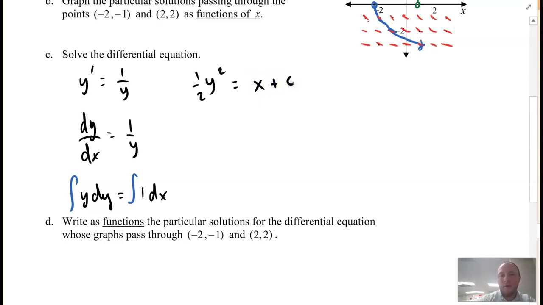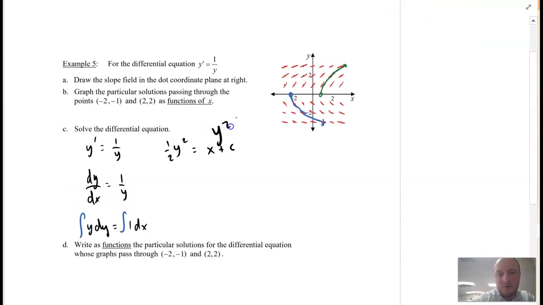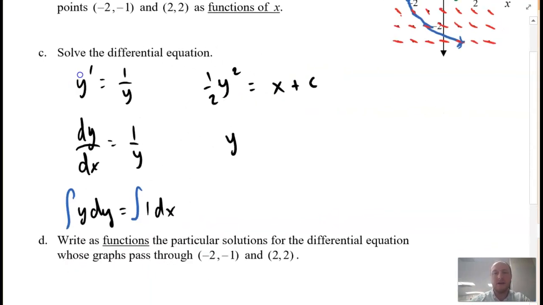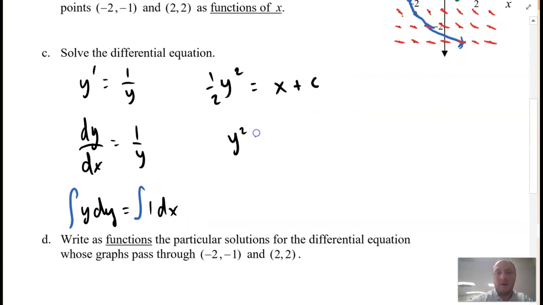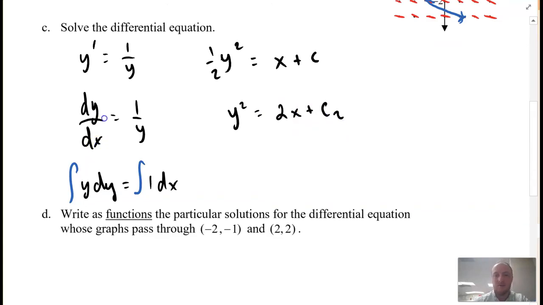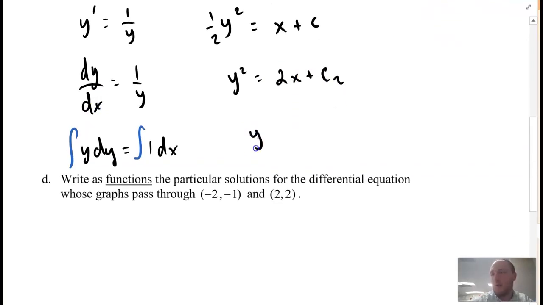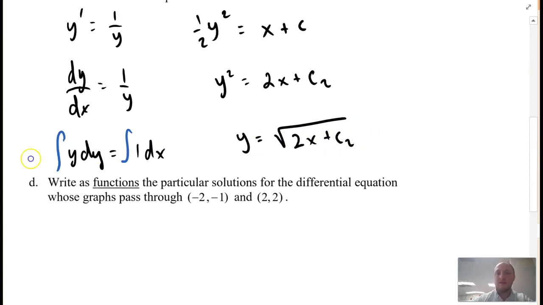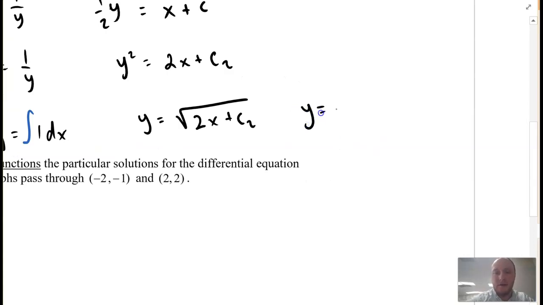Then we'll multiply both sides by 2. Y squared is equal to 2x plus c2, and thus we get y is equal to either positive square root of 2x plus c2, or it could be a negative root, depending upon the point. So 2 possible solutions there.